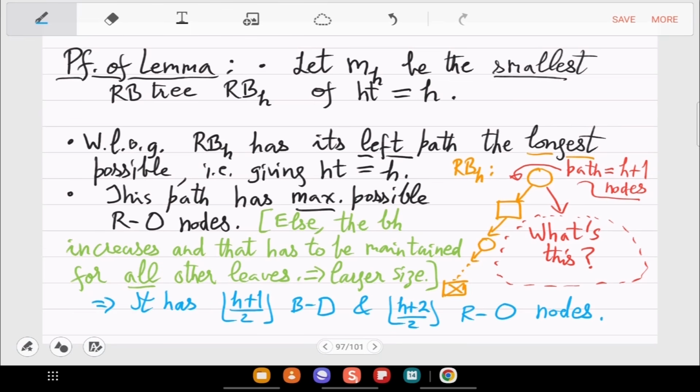So in some cases black will be less than red. Black can't be. So what is the counter example for this?